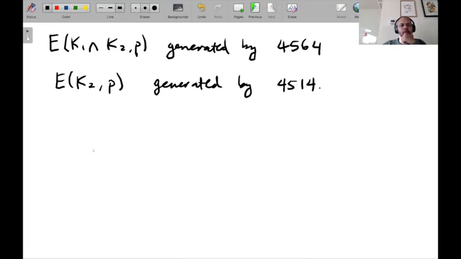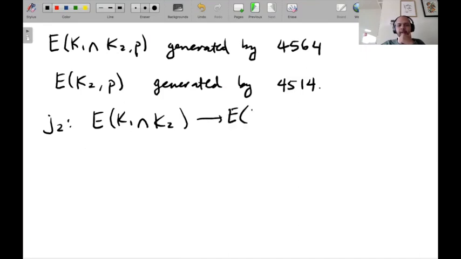So now one needs to understand how, so we have this homomorphism J2 from the edge group of the intersection, let me drop the base point, to the edge group of K2. And we want to know what 4, 5, 6, 4 maps to.